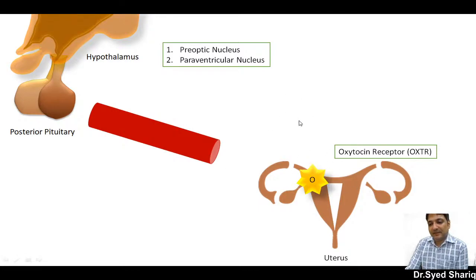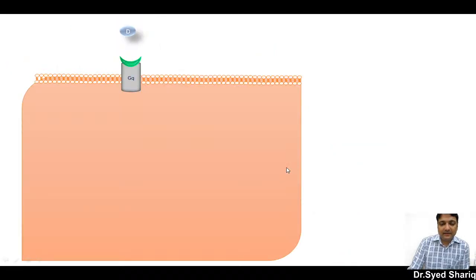So fundal dominance is basically because of the contraction of the fundic myometrium, and this contraction is because of the presence of oxytocin receptors. The hypothalamus is releasing oxytocin, and therefore the body is now ready for parturition.